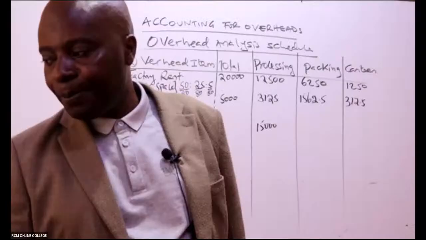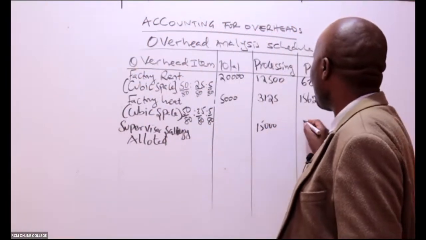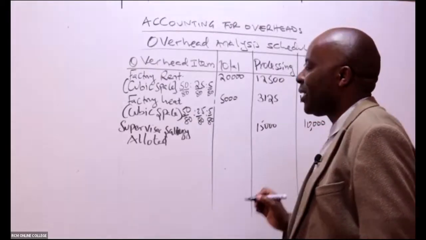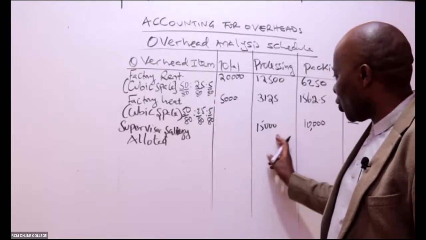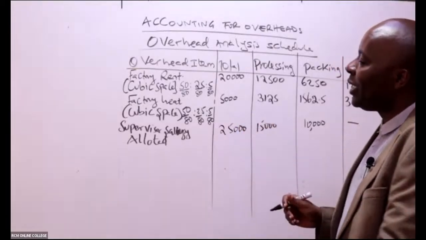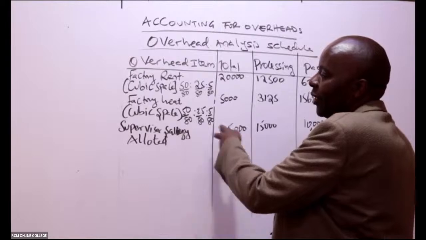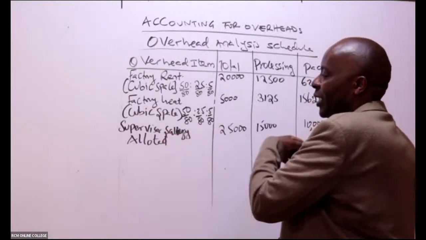So we have a supervisor salary to packaging, 10,000. Nothing is being given to the canteen. If you do this approach, you'll be able to add the two and they give us a total of 25,000. However, you can still treat them separately: supervisor packaging, supervisor processing, still the same.